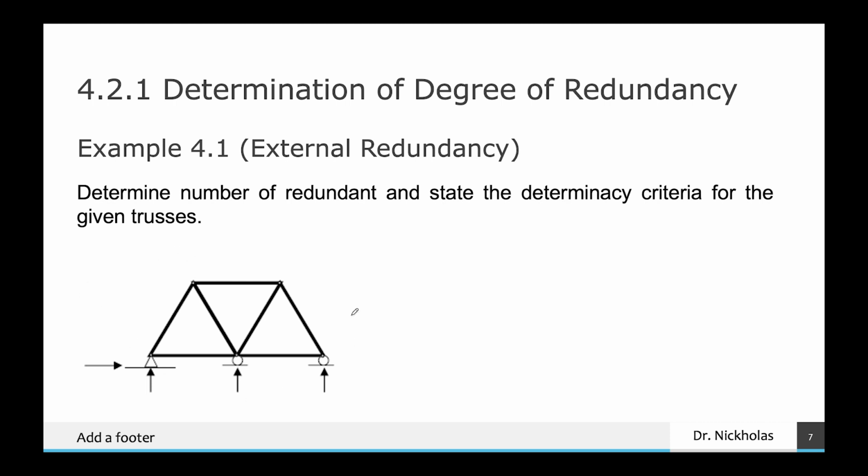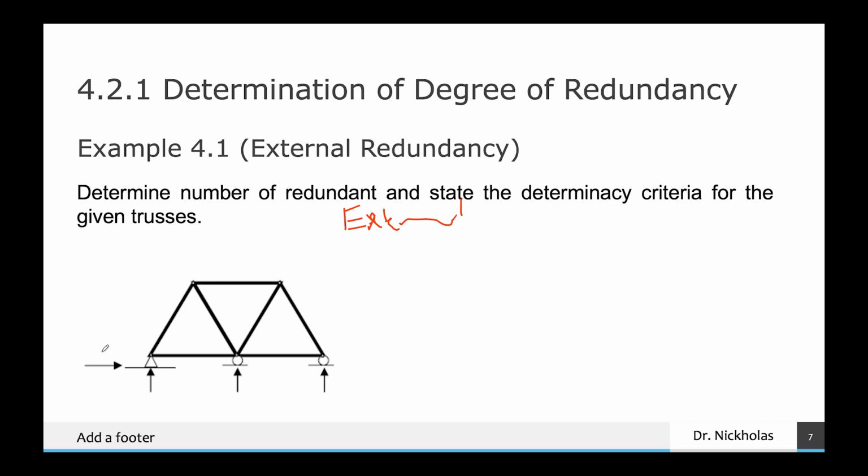Take a look at this example. Determine the redundancy number and state the determinacy criteria for the given truss. So now we need to check the external redundancy condition of the truss.